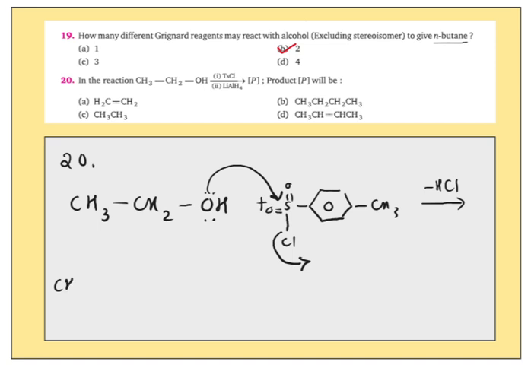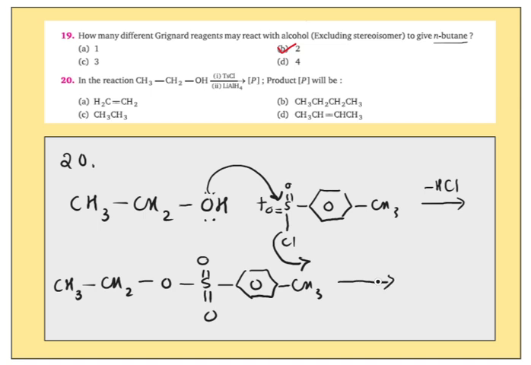Whenever you are doing multiple choice questions, we don't usually write the byproducts, because the whole idea is to get the product quickly. You have to save some time here, right? So now we got this. What is the second step? Lithium aluminum hydride.